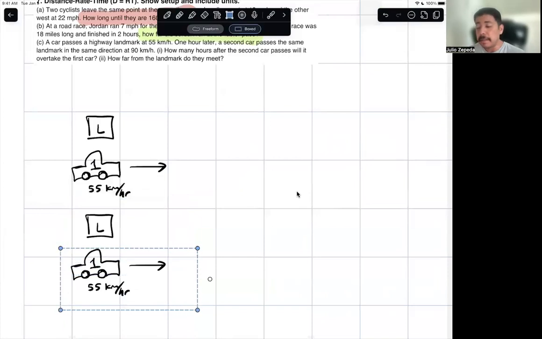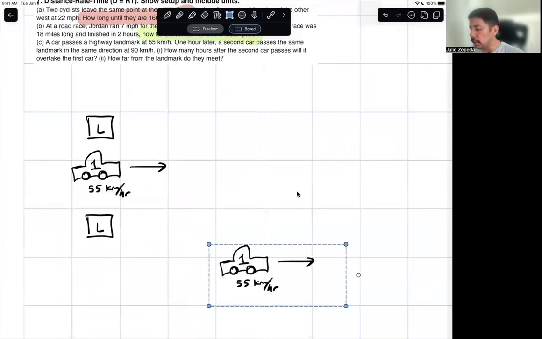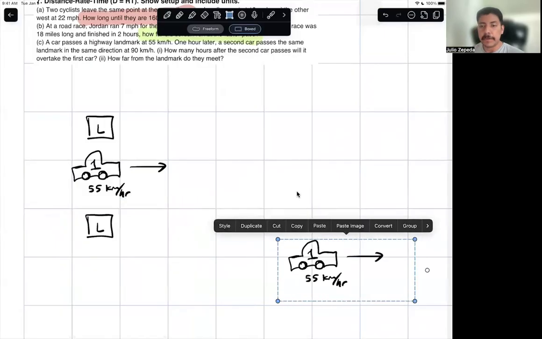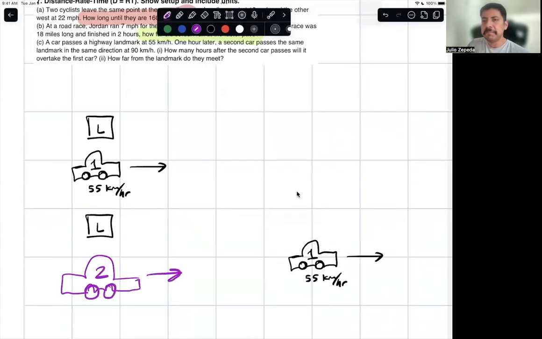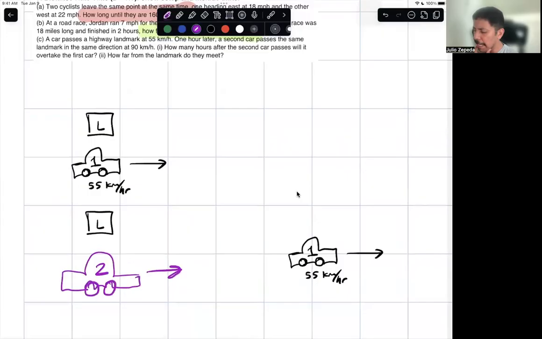So 1 hour later, this first car is making its way along in that direction, and the second car is now passing the landmark. We'll call this car 2, heading in the exact same direction, assuming on the same road. Now, this second car is traveling at 90 kilometers per hour. It's traveling faster than the first car.